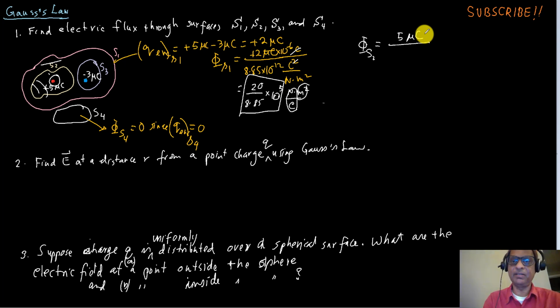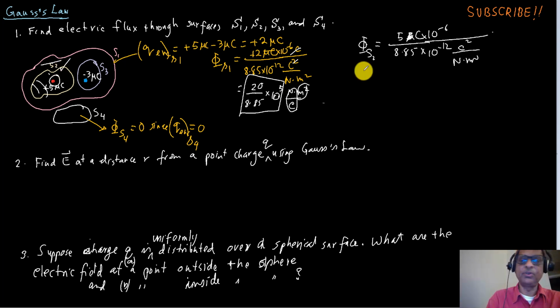It doesn't depend on the area, it's just how much charge is enclosed. Epsilon naught is 8.85 times 10 to the power minus 12, and make this 10 to the minus 6 the same way, coulomb square over Newton meter square. So that's phi S2.